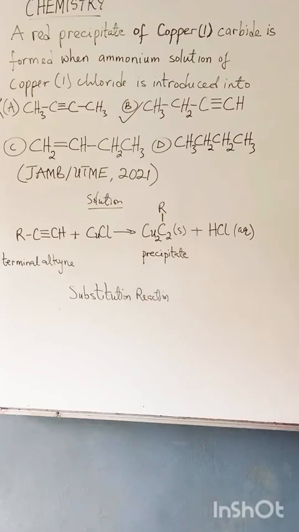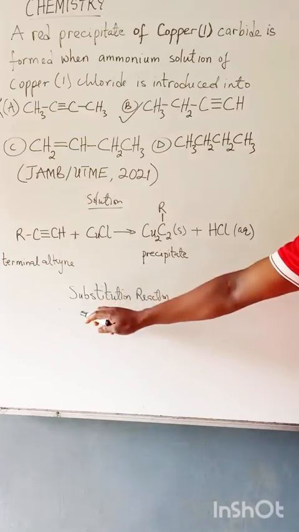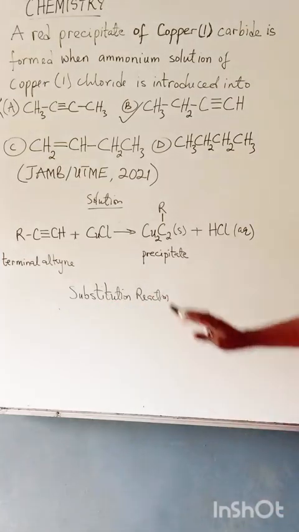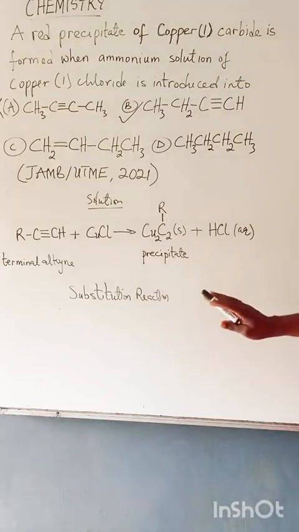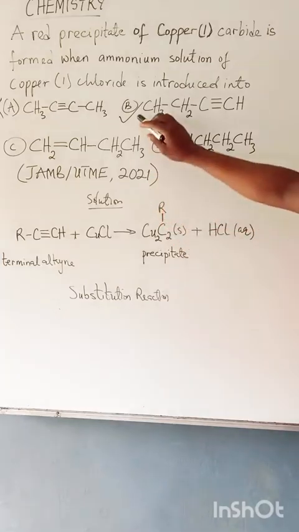But in addition to that, terminal alkynes also undergo substitution reaction to give us this product. In our subsequent classes, we'll talk more about addition reactions and substitution reaction. But for now, the correct option on the board is option B.